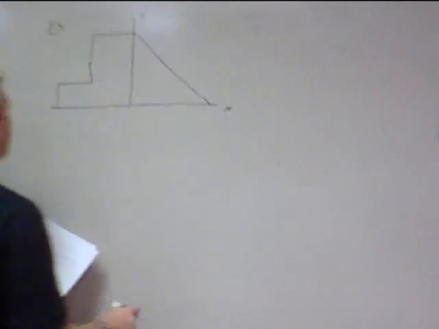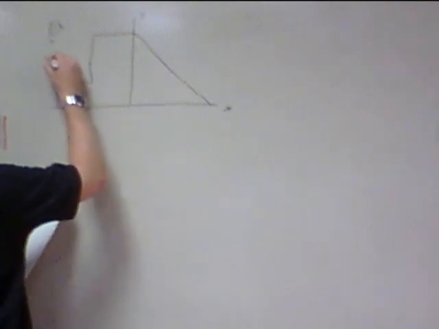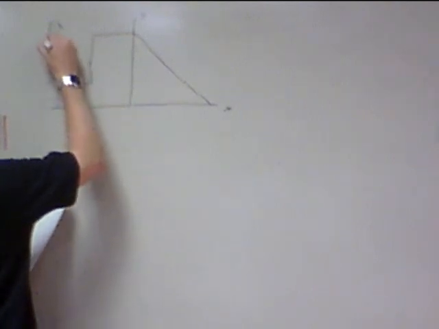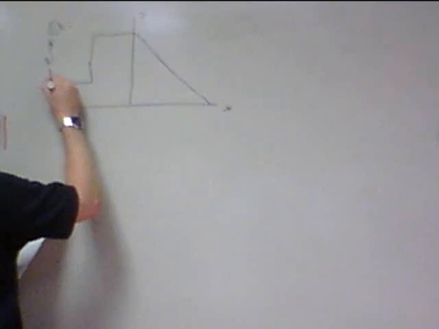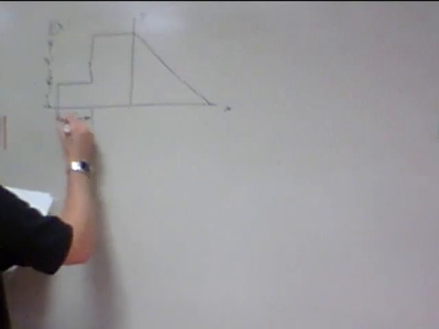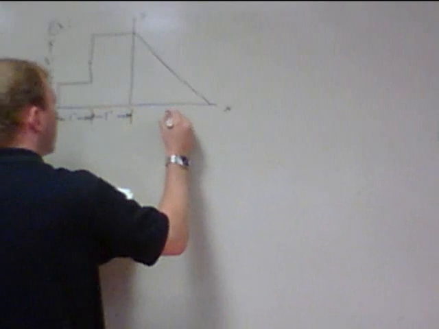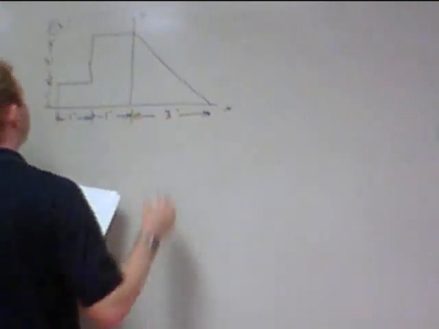Okay, and it's not really to scale, but we'll pretend. All right, so we're going to say this is 2 feet. This is 1 foot. This distance is 1 foot. This distance is 1 foot. This distance is 3 feet.